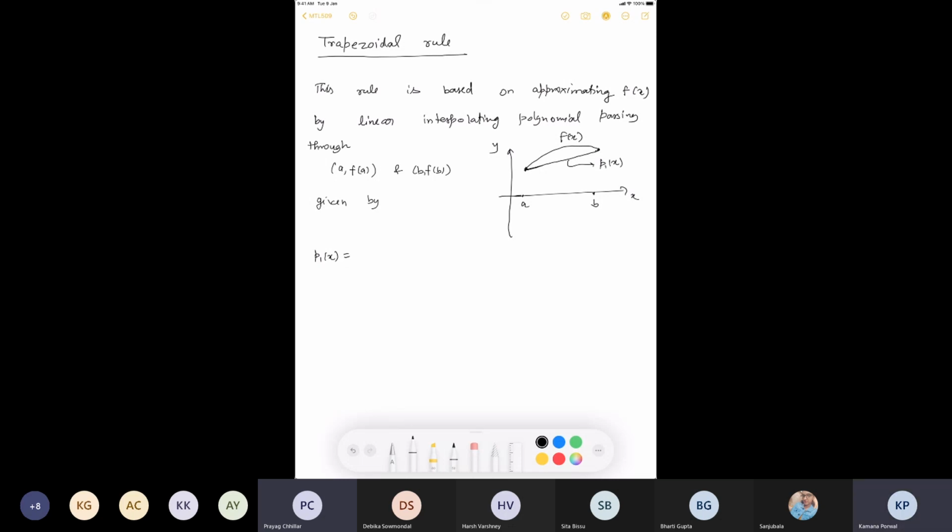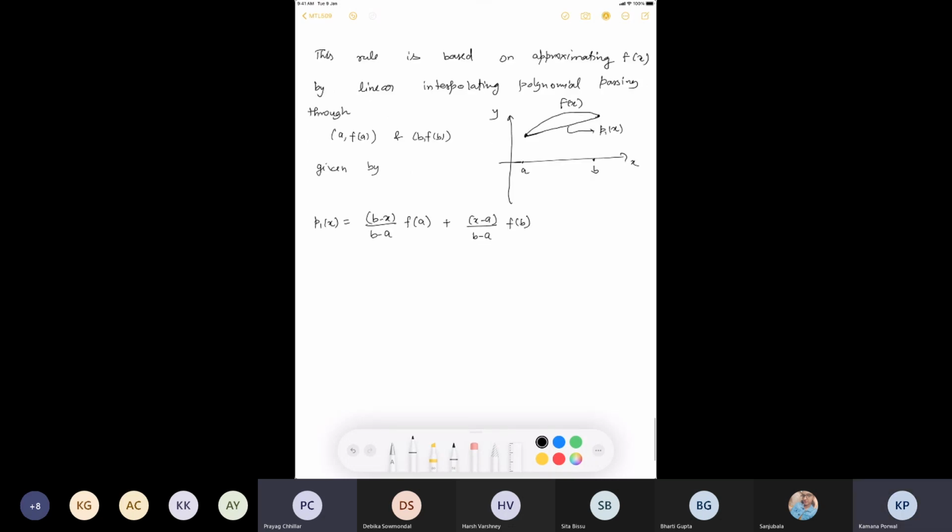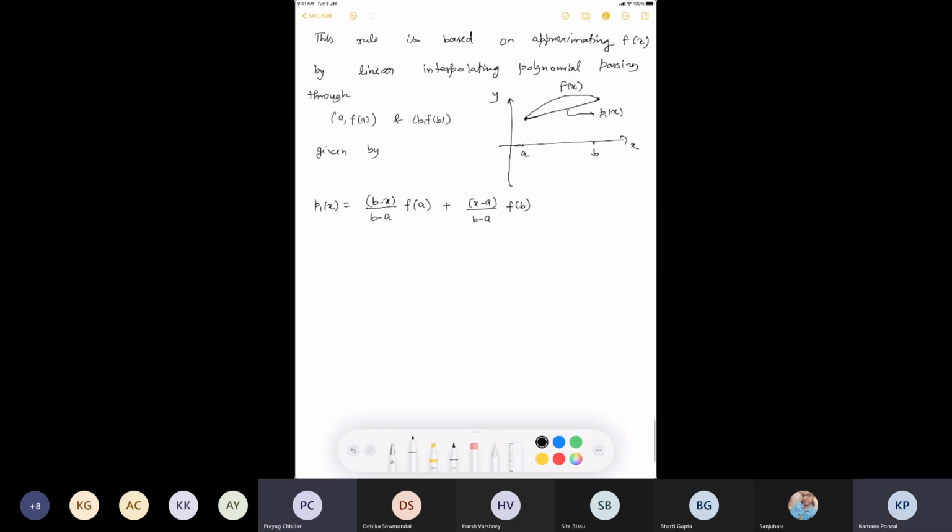Let's write it in the Lagrange form itself. This is going to be (b minus x) divided by (b minus a) times f evaluated at a, plus (x minus a) divided by (b minus a) times f evaluated at b, right?